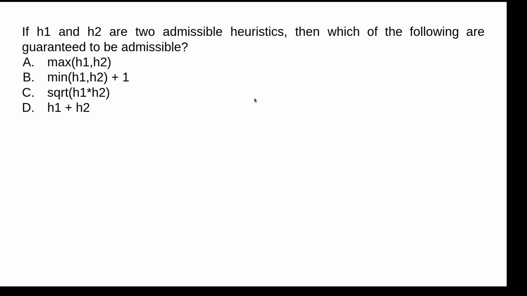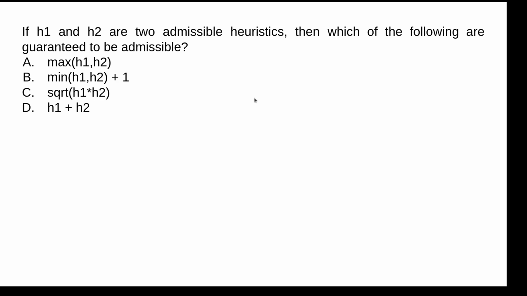Admissible property says only that it is always optimistic: its value is always less than or equal to the real cost.